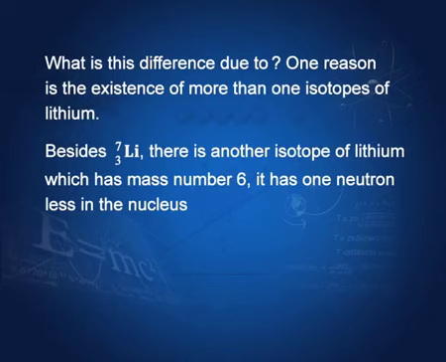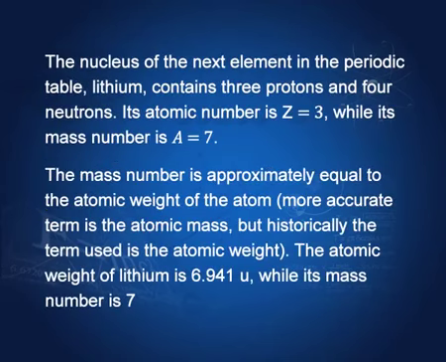Besides lithium with mass number 7, there is another isotope of lithium which has mass number 6, and it has 1 neutron less in the nucleus. So, when these two are mixed, the atomic weight of lithium is 6.941. U is known as the international atomic unit.